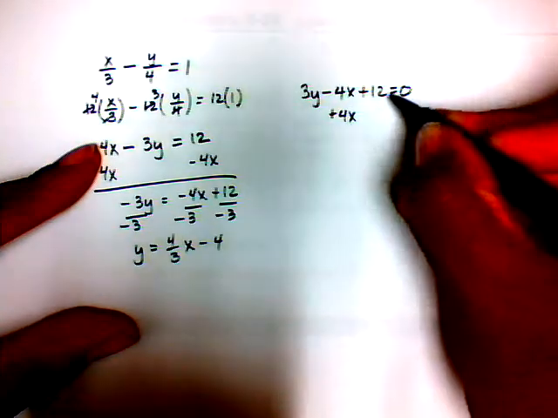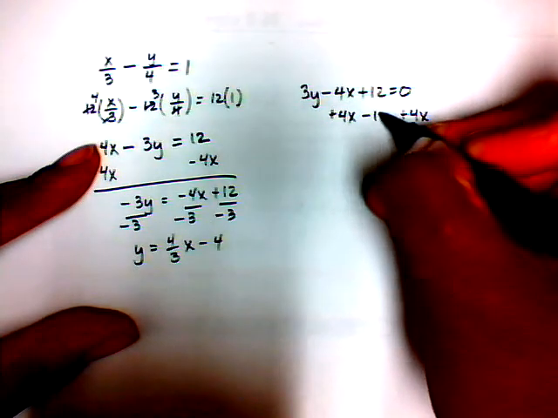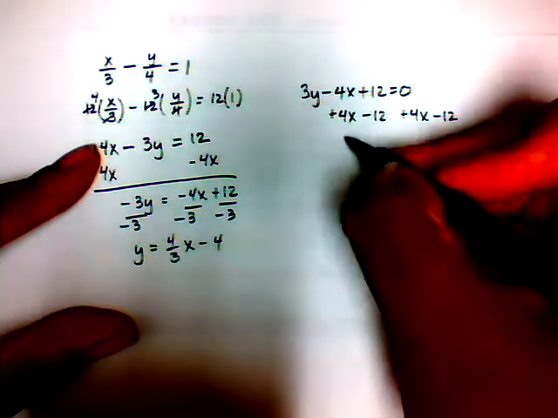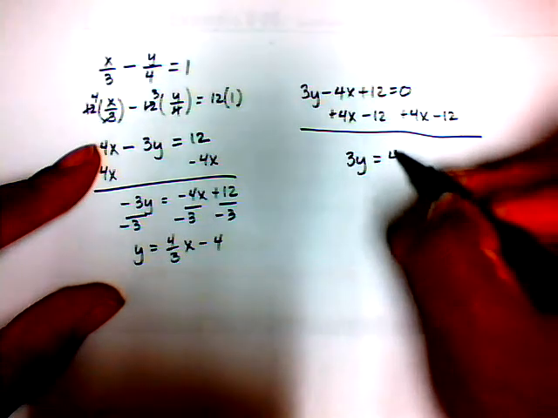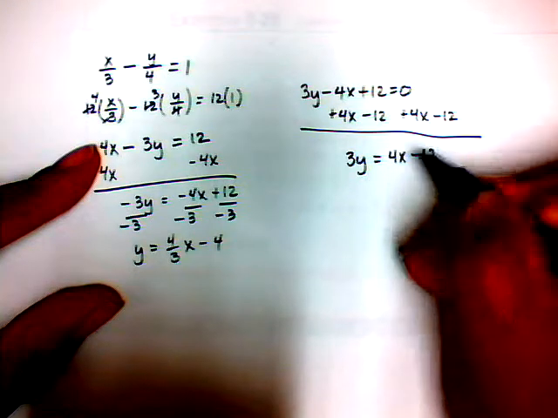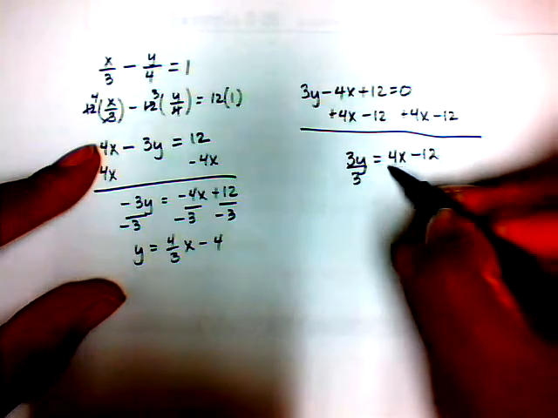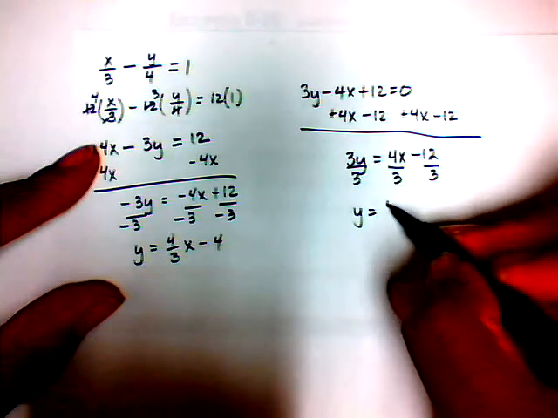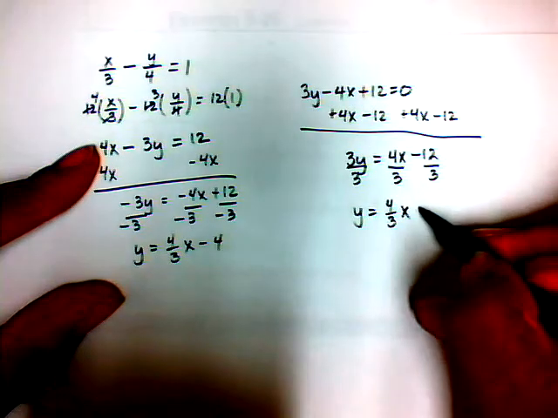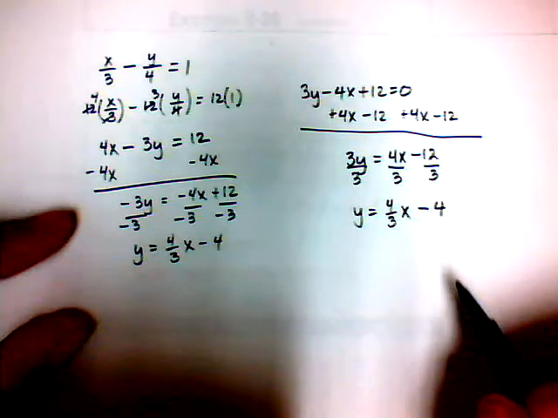Not only that, I'm going to move the 12 over to the opposite side by subtracting 12. So now we've got 3y is equal to 4x minus 12. And then you want to divide each and every term by 3. You're going to get y is equal to 4/3 x minus 4.